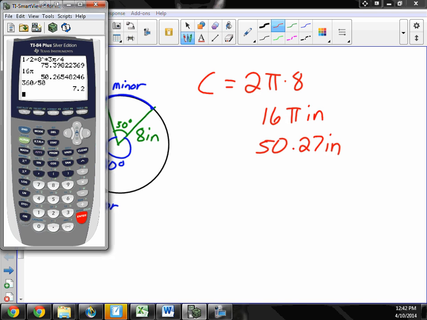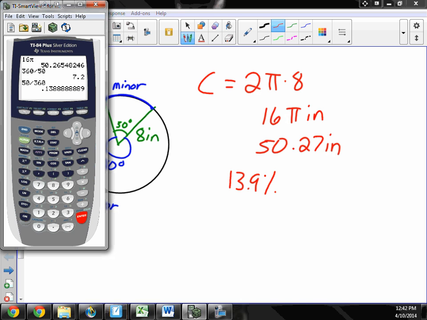Now that doesn't make any sense. How about 50 over 360? How about part divided by whole? That's how we get a percentage. So 50 over 360 is 13.9%. So your slice is 13.9% of the entire pizza.